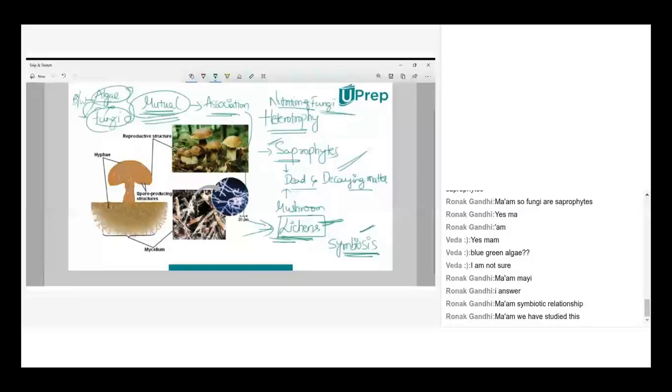The parasitic relationship is like that. When you take a bacterial infection, the bacteria infect an individual and cause harm to the individual, and the bacteria get their food from the individual, isn't it? That's a parasitic association, which is quite different from symbiosis. In symbiosis, the mutual association is where both get benefited. No one will be harmed.